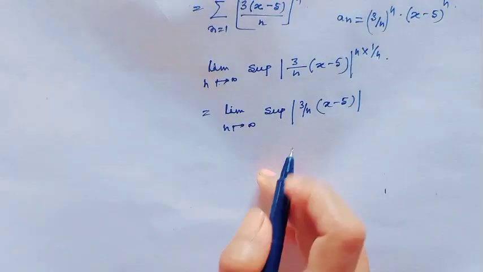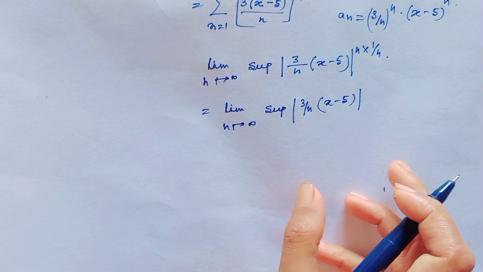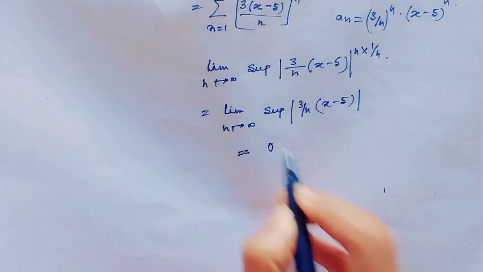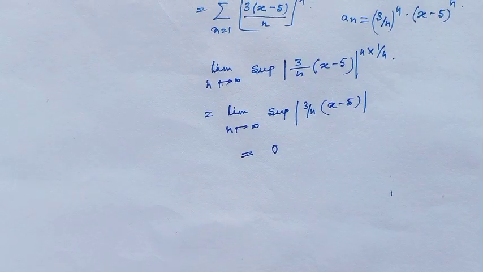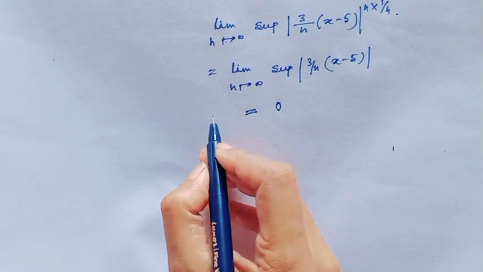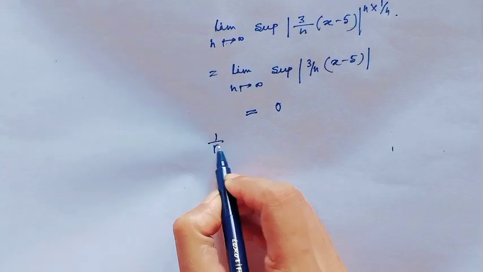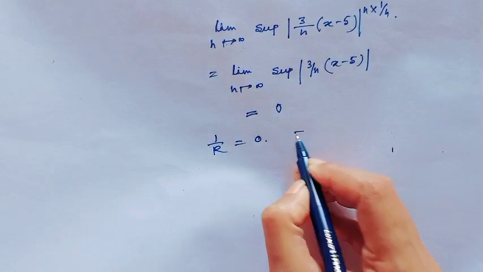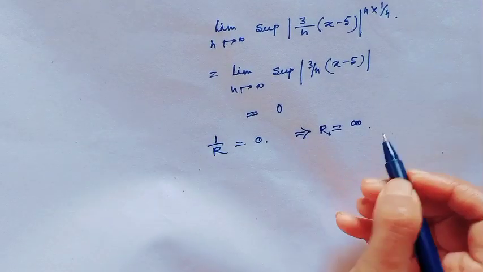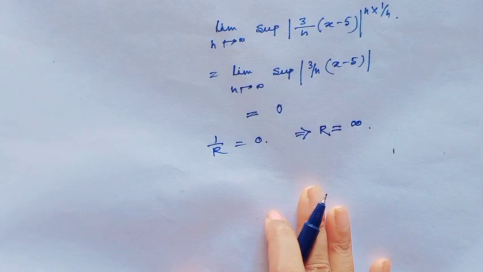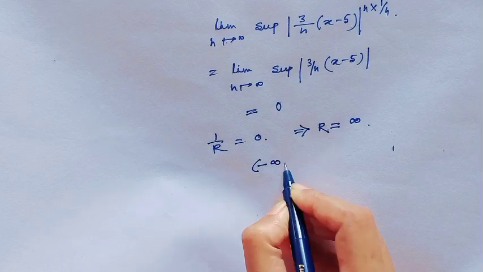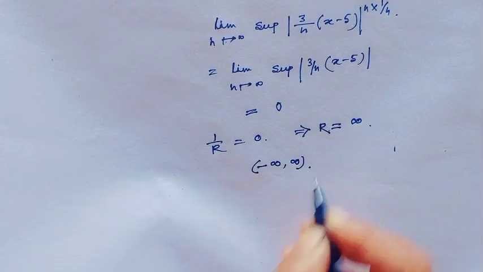After putting the limit, this value would be 0. Since this limiting value is 0, 1 over r equals 0, that implies the radius of convergence is infinity. And since the radius of convergence is infinity, the interval of convergence would be minus infinity to infinity.